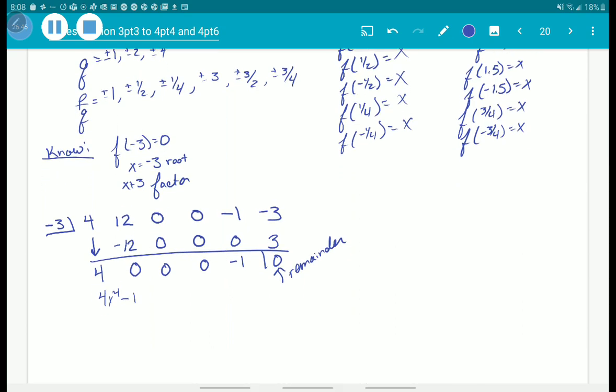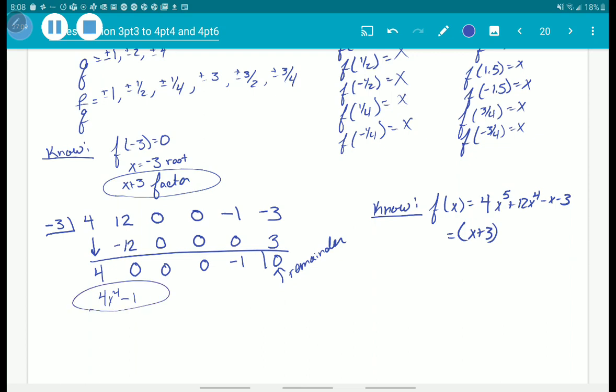So here's what we know. I'll write it over here. Our f of x was originally 4x to the 5th plus 12x to the 4th minus x minus 3. Now we know this factors into x plus 3, right, times this guy.